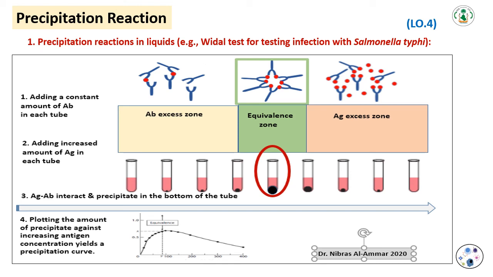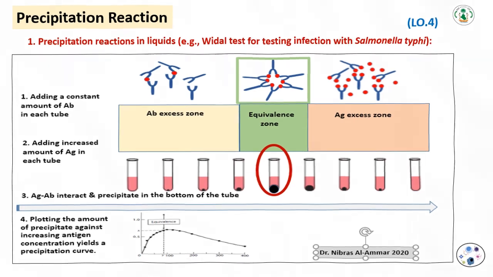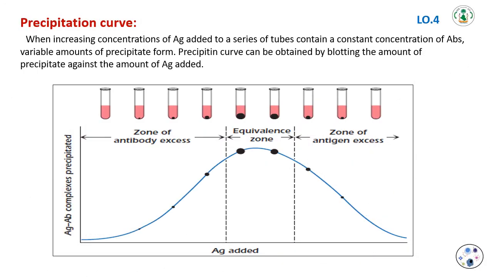Plotting the amount of precipitate against increasing antigen concentration yields a precipitation curve.